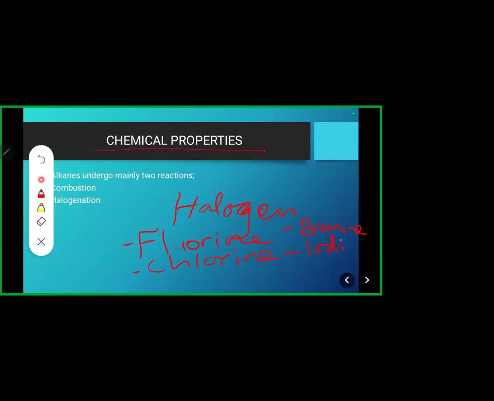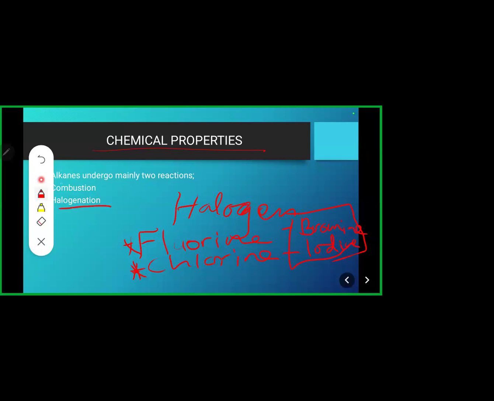But I am certain that you looked at only fluorine and chlorine because they are the elements that are under the first 20 elements of the periodic table. These ones are beyond the 20 elements, but it's good to know that there are also group 7 elements referred to as halogens. So when we are looking at halogenation, it's basically the addition of that halogen to a given element in order to form a compound.